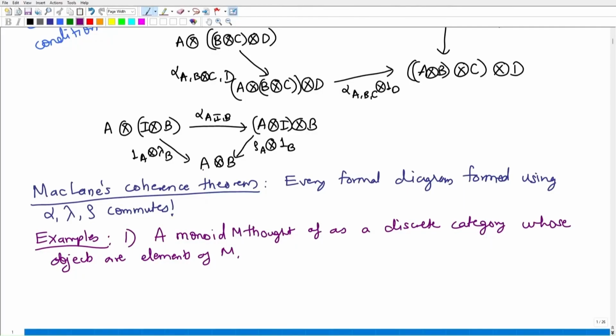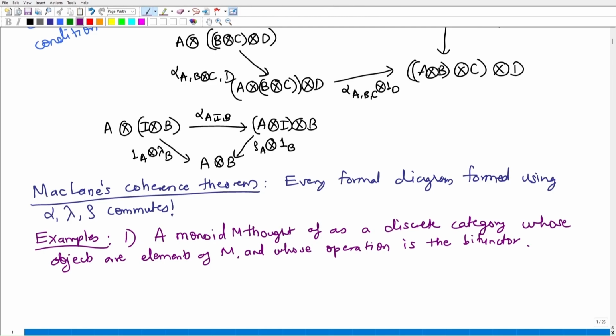Therefore, a monoid thought of as a discrete category whose objects are elements of M and whose operation is the bifunctor. Okay, this is a strict monoidal category. Do you agree? The only isomorphisms in this category are identities. So therefore, you have a strict monoidal category.